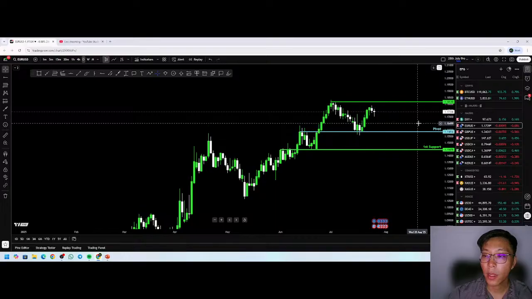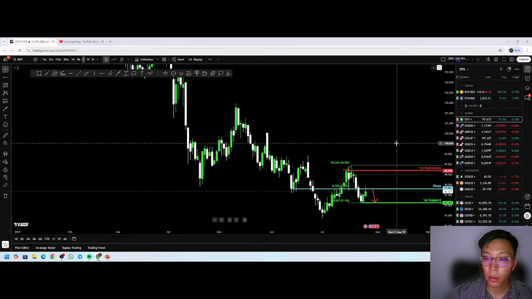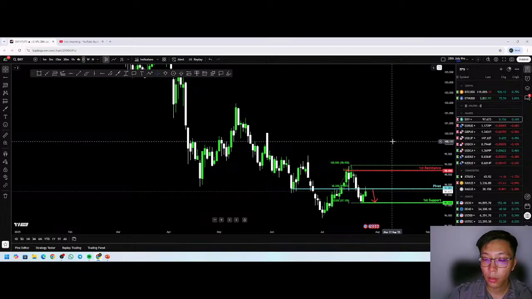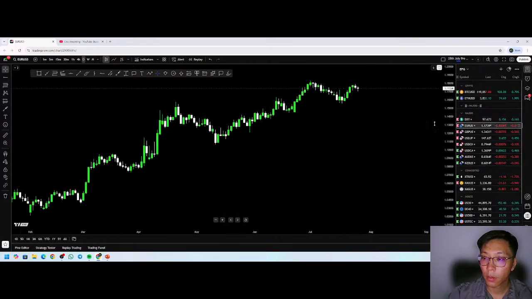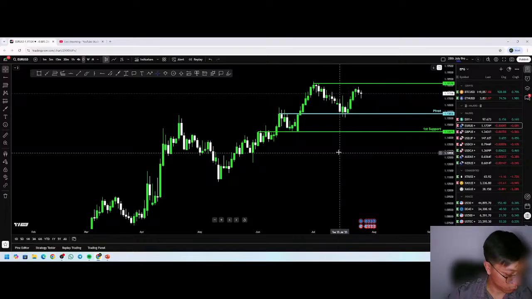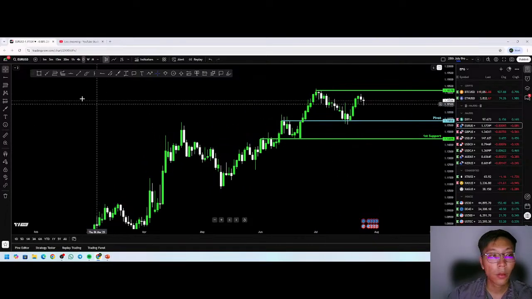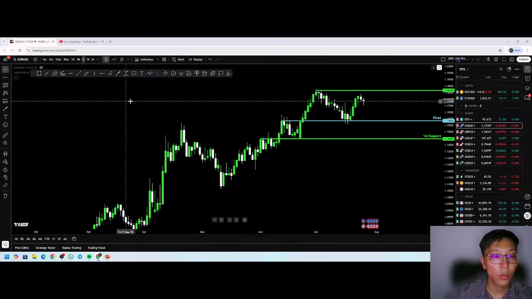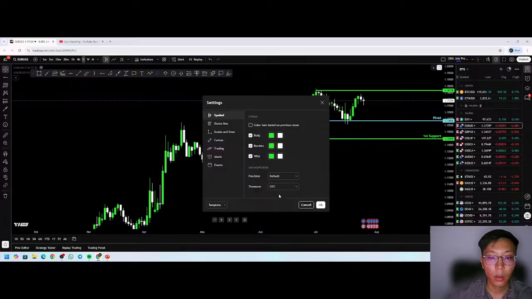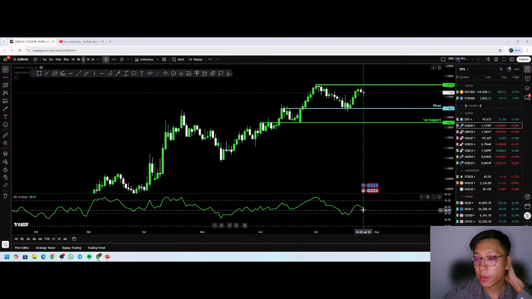Let me see, where is DXY. Very bullish. Let me look at the RSI.